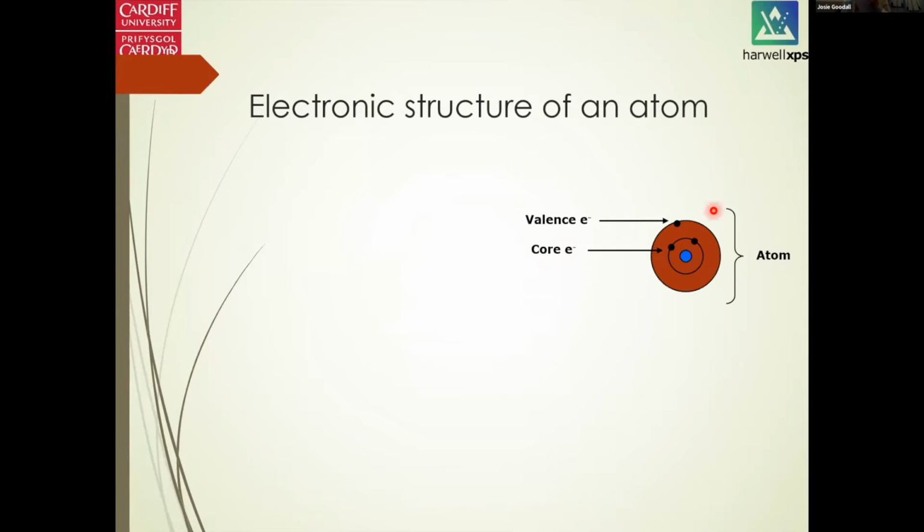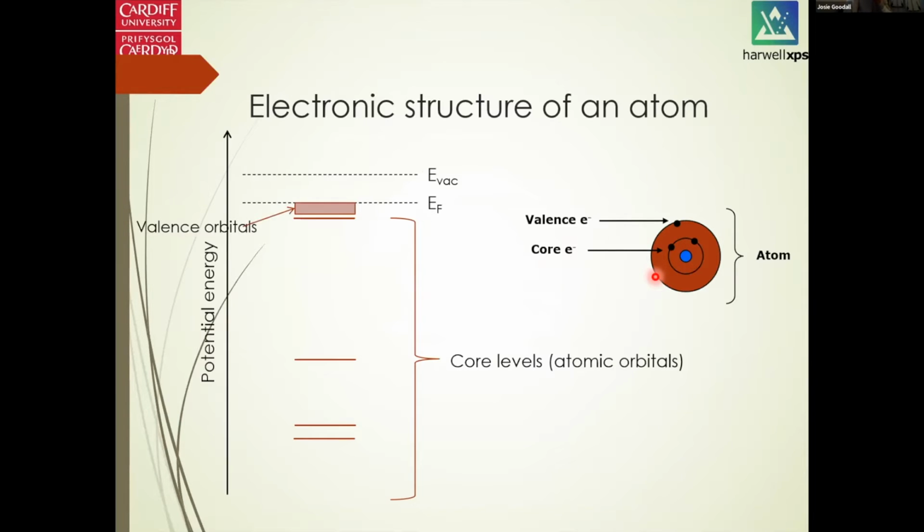We know the structure of the atom contains different electrons in the core or valence ions. And if we plot these electrons in a potential energy diagram, you see that the valence orbitals are close to the Fermi level, which have less energy than those core electrons.